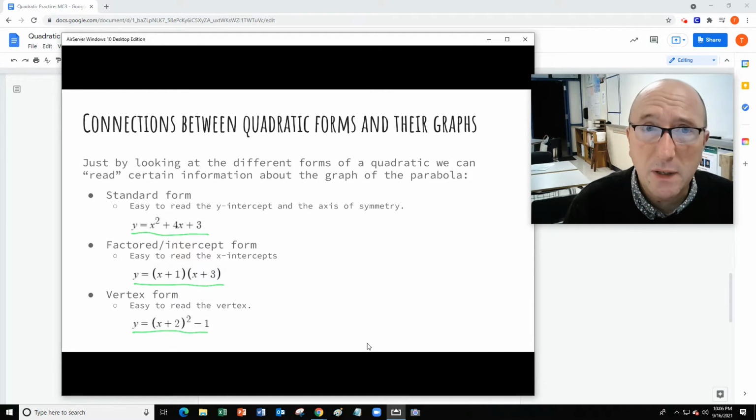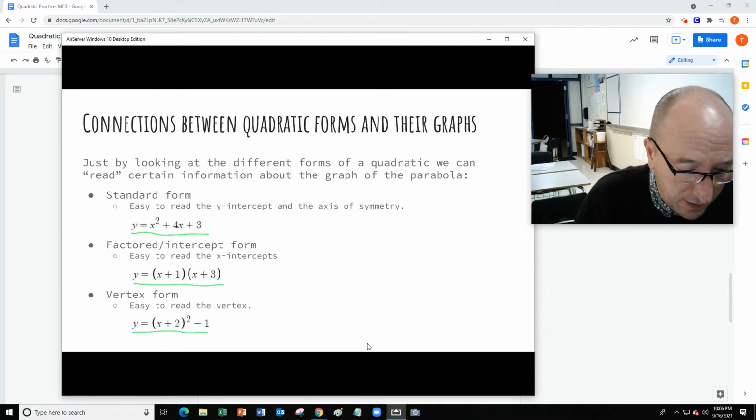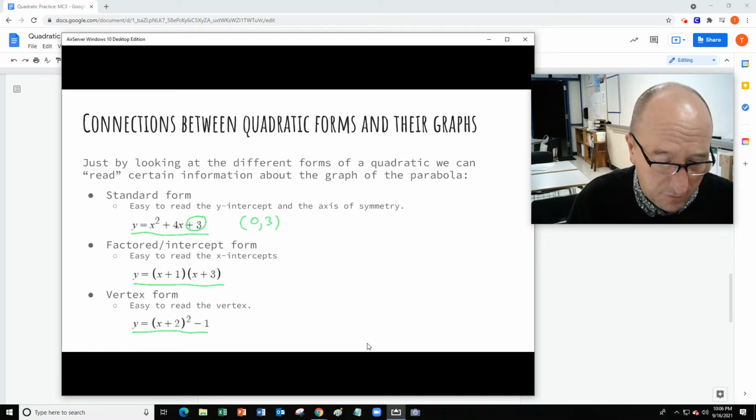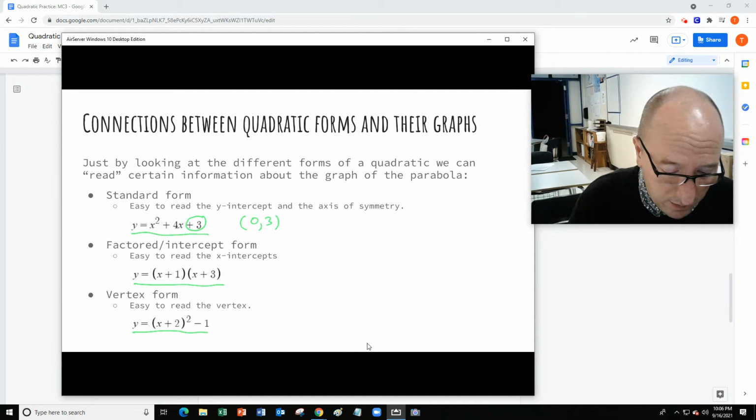The first way, you can easily read the y-intercept from the graph, and from the formula, and that is the number right here, the constant term. So the y-intercept here is going to be 0, 3. Now from the factored form, which you get by factoring a quadratic, you can read the x-intercepts, and the x-intercepts here are -1 and -3.